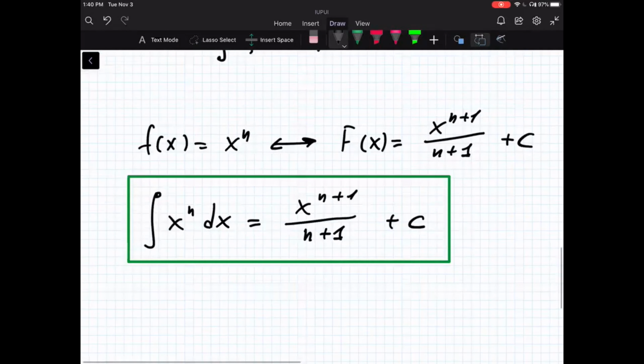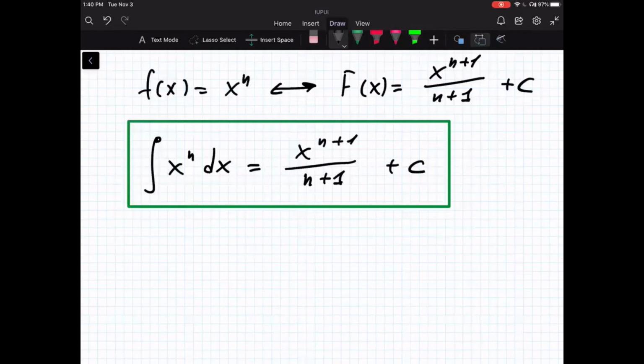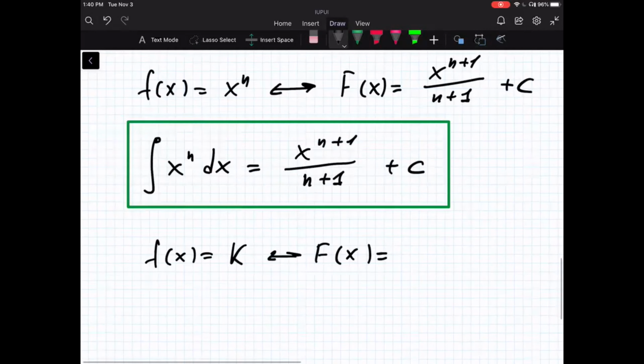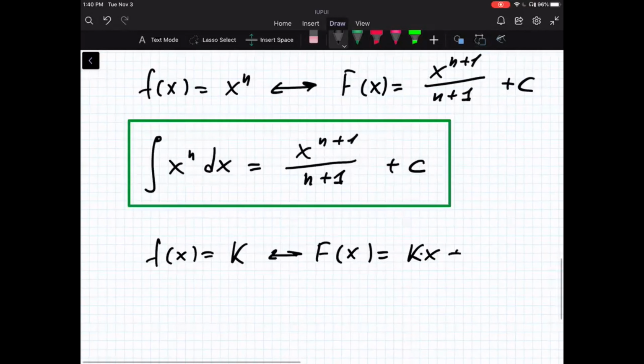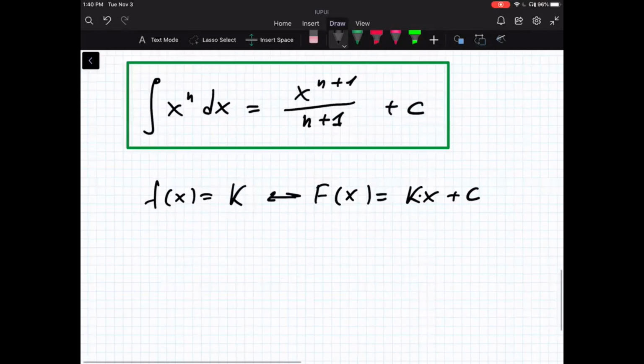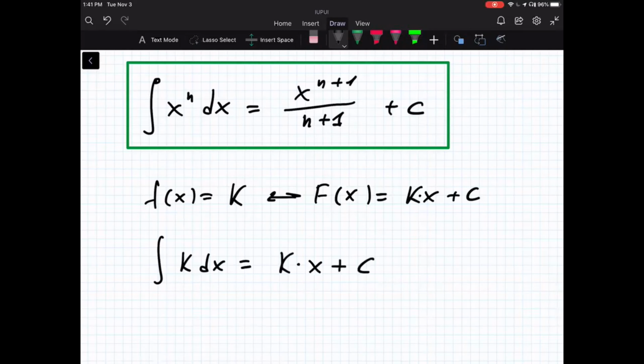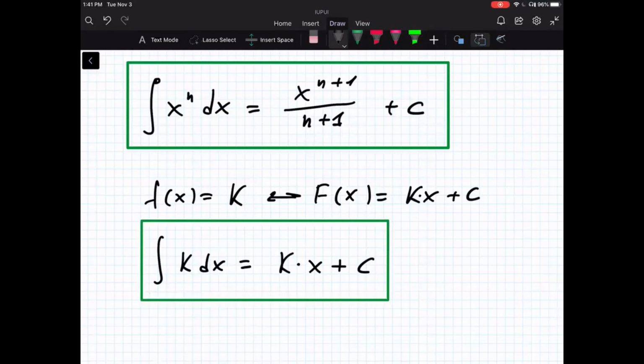The same story happens with the constant function. If our function is just a constant function, then we discussed that the antiderivative, capital F of x, is x times k plus constant, and thus I can say that the integral of k dx, which is the same as just the antiderivative of k, is equal to k times x plus some constant.